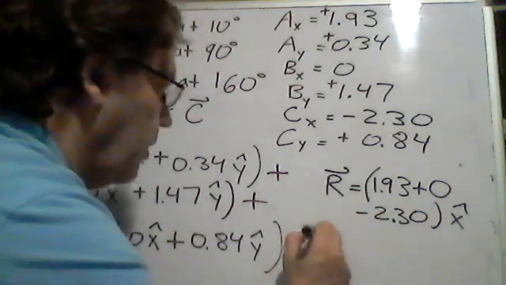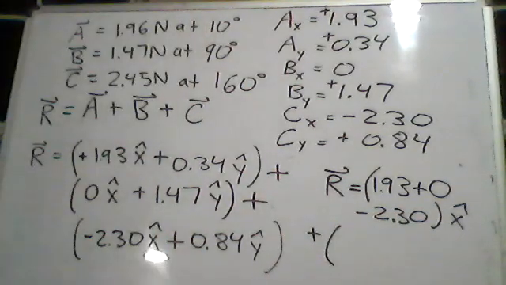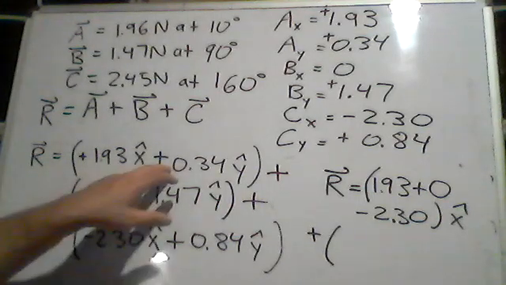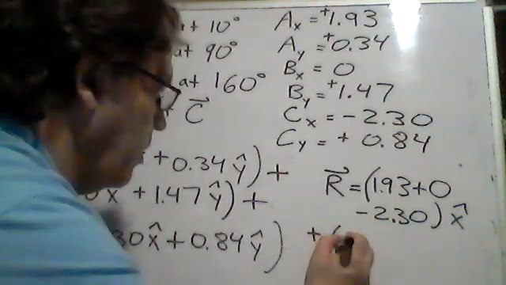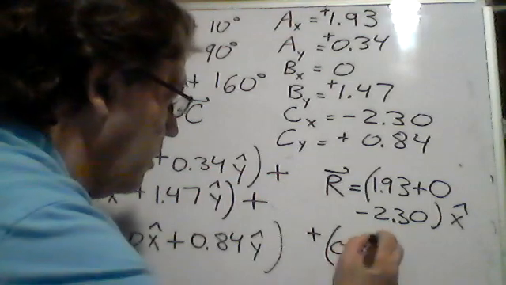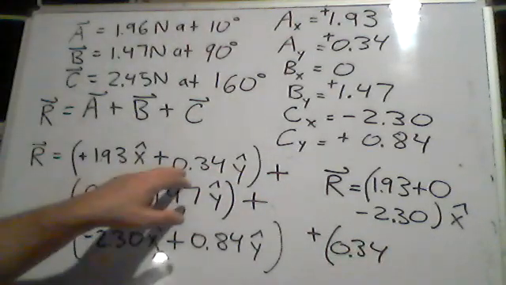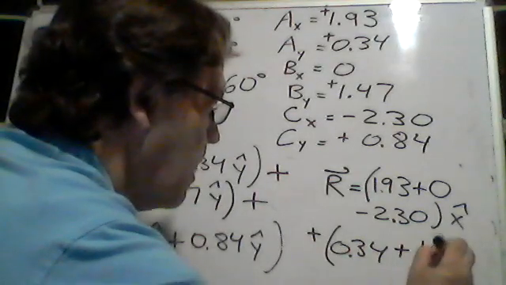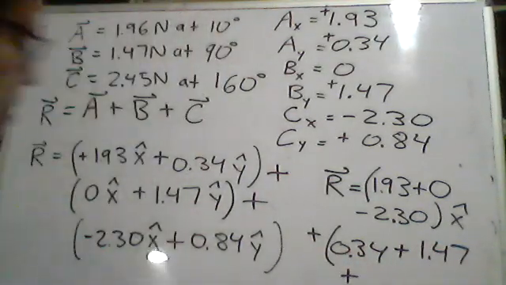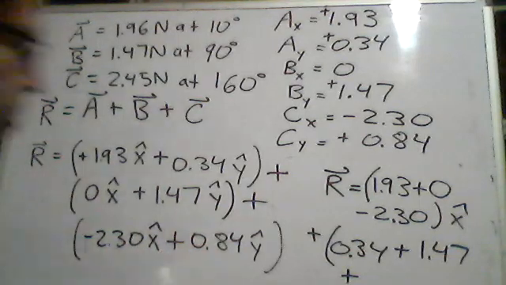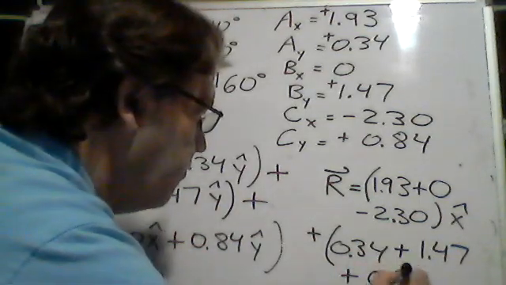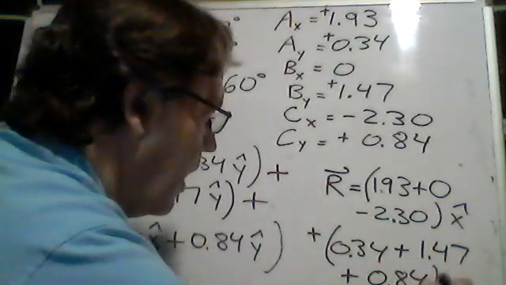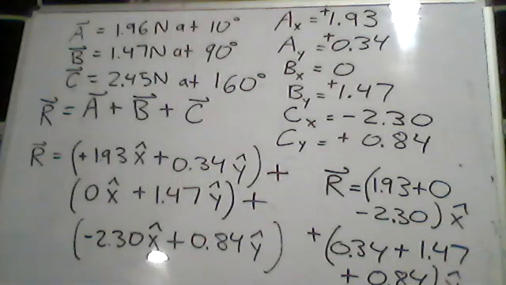And then plus, again, I apologize for the nasty nomenclature here, combining all the x's now, combining all the y's: 0.34 plus 1.47 plus, just adding numbers, 0.84, y hat.